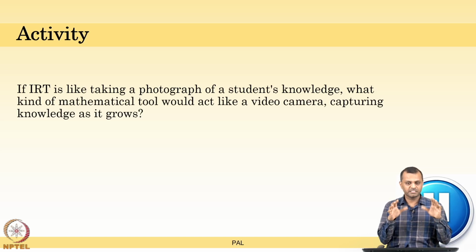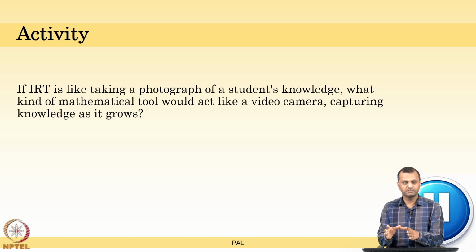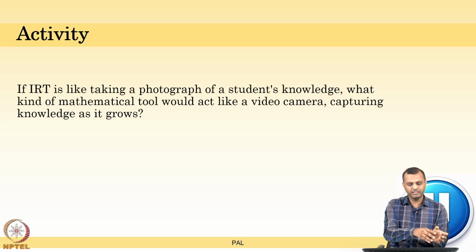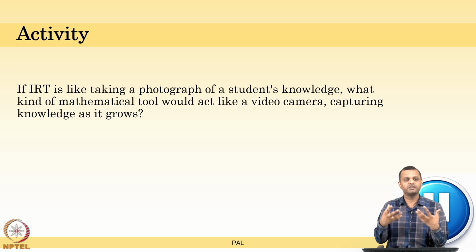IRT is just a snapshot, saying the learner is 0.8, the learner is 1 now. But what I want to see is not just that the learner is 1, but how the learner became 1, and how the learner at 1 is going to be 2. What is the tool we need to understand the learner's progress, the transition from one state to another? What would the video camera be?